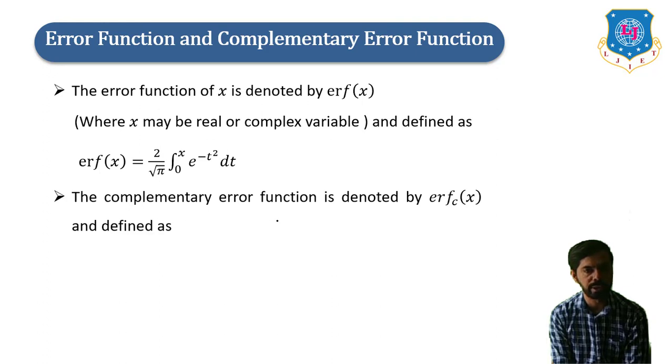It is denoted by erfc(x) and defined as erfc(x) equals 2 divided by square root of pi, integration from x to infinity of e raised to minus t square dt. So what is the difference between the error function and the complementary error function? In one the limit is from 0 to x, and in the other the integration limit is from x to infinity.